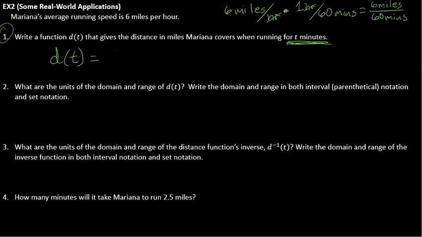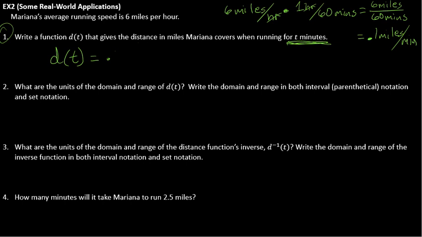You're basically just going to divide 6 by 60. Let me grab my calculator here because I'm having a brain fart. That's going to give you 0.1 miles per 1 minute. So 0.1 miles per minute. That's our rate of change for the function.